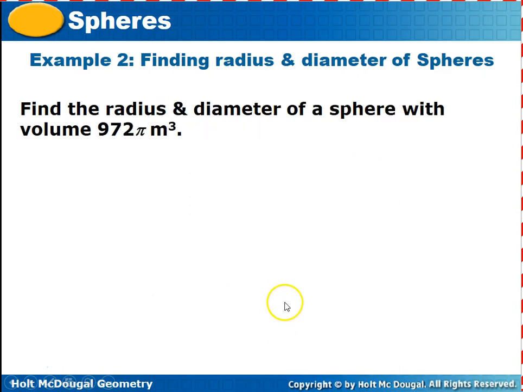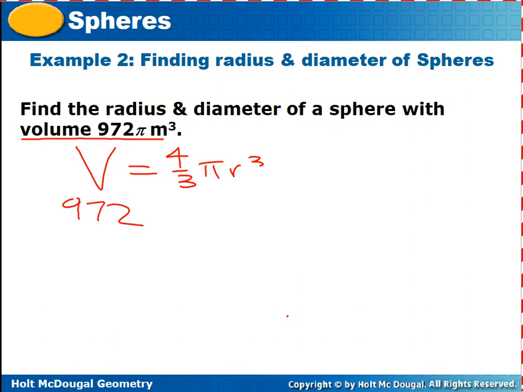The next one says find the radius and diameter of a sphere with a volume of 972 pi meters cubed. So this time we're going to write our formula for volume. That's 4/3 pi r cubed. This time we're given the volume, so we're going to put it over here, 972 pi, equals 4/3 pi r cubed.